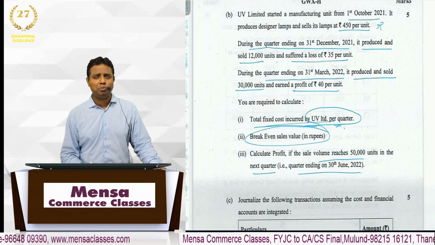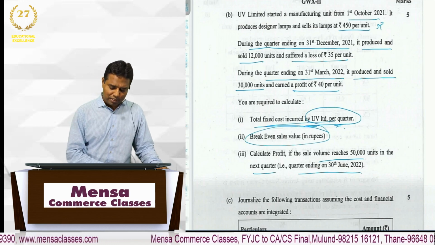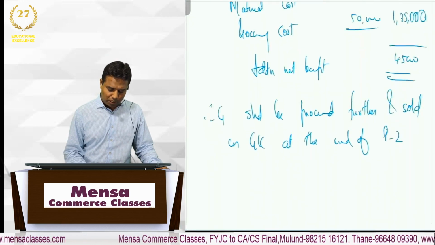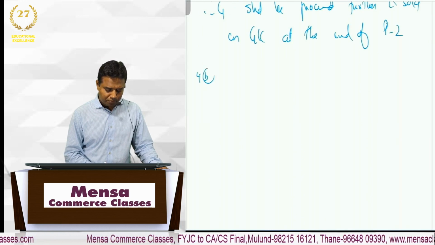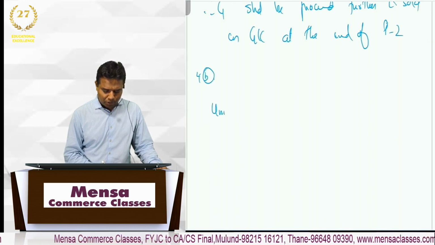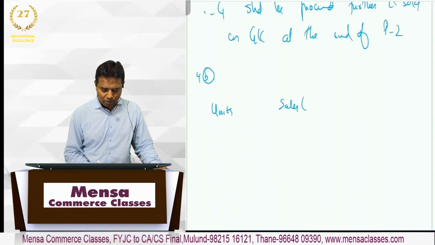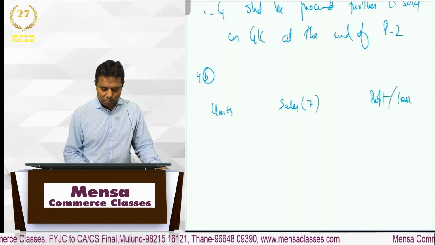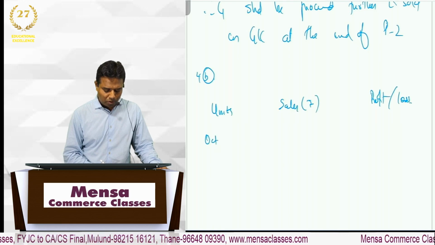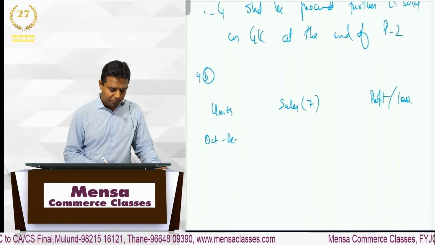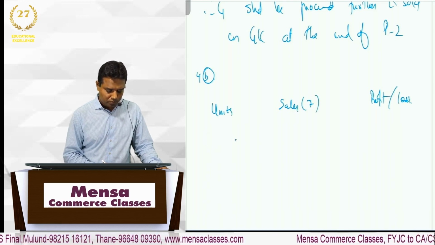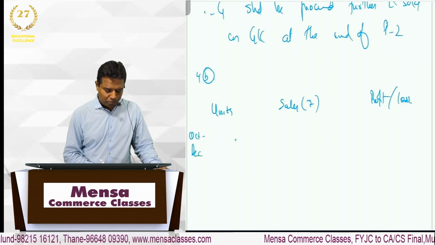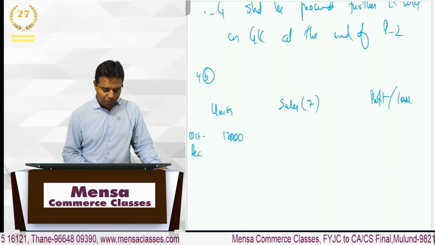So we will assume it to be the same, right? So that's a technique. What we do is, in 4B, we'll write units, sales in rupees, then profit/loss. Quarter from October to December, 12,000 units.